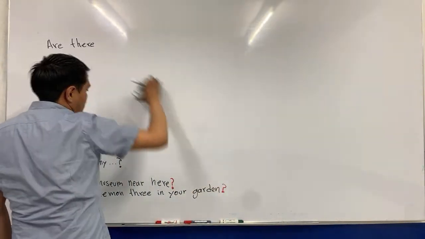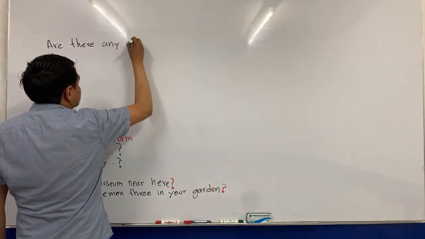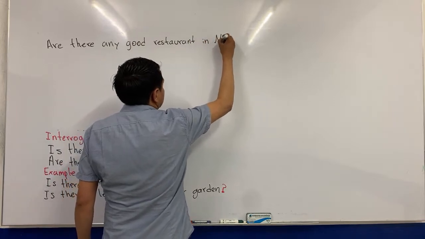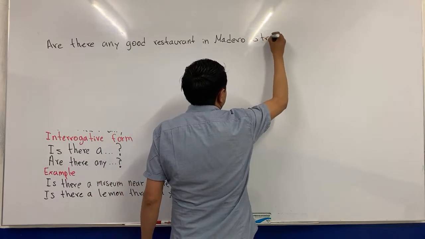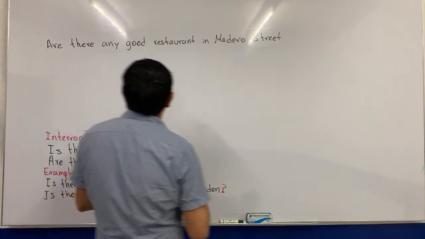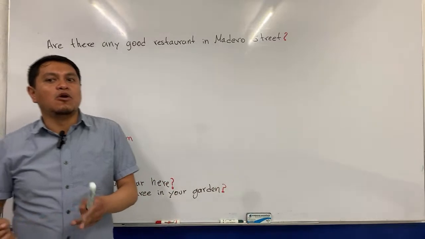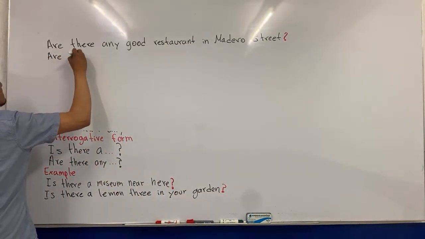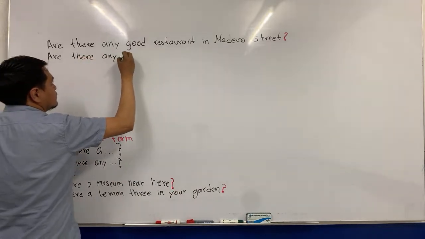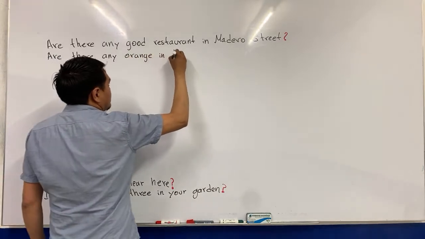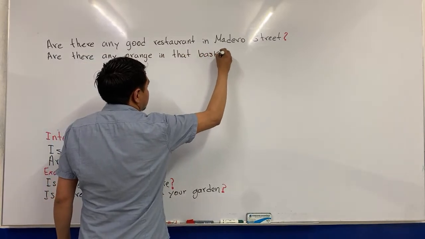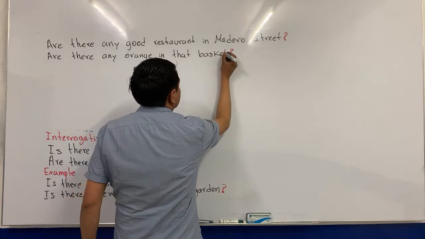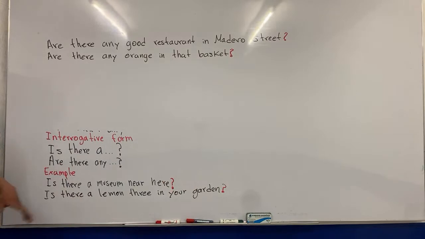Are there any? The next example. Are there any oranges in that basket?